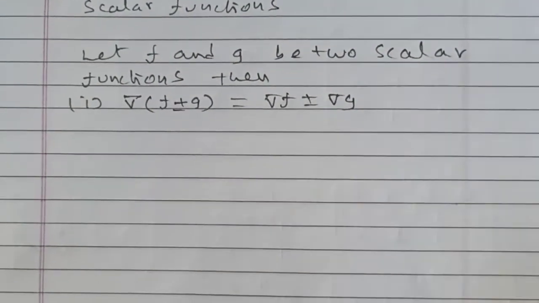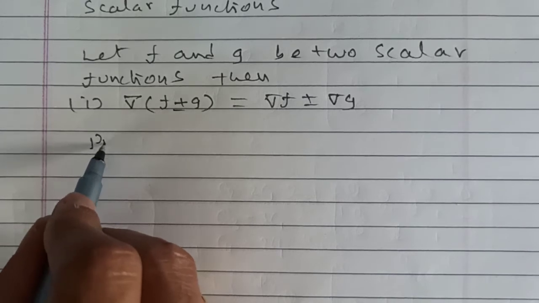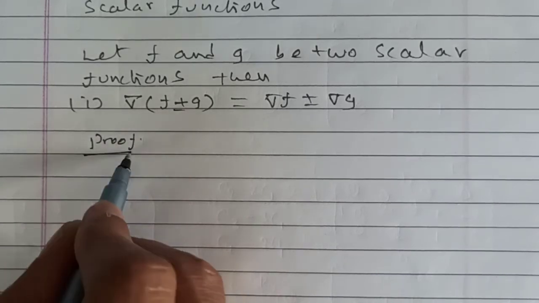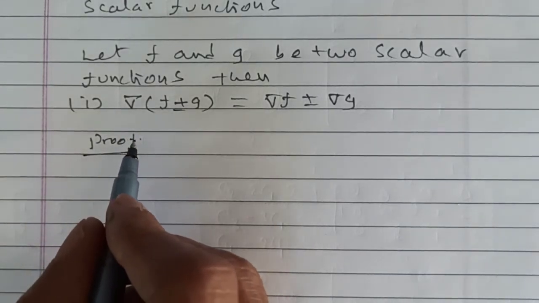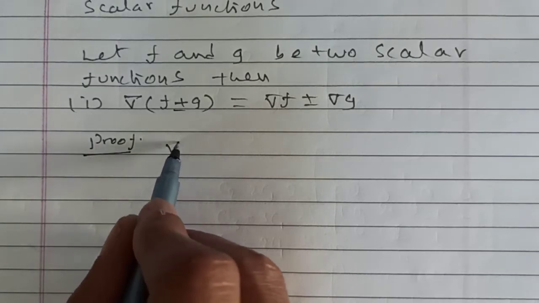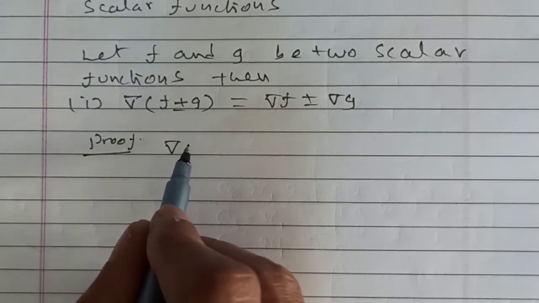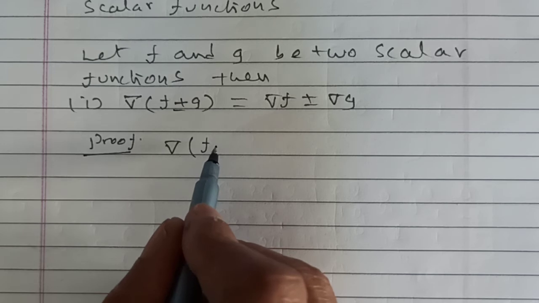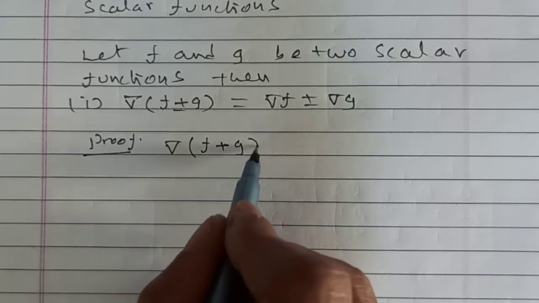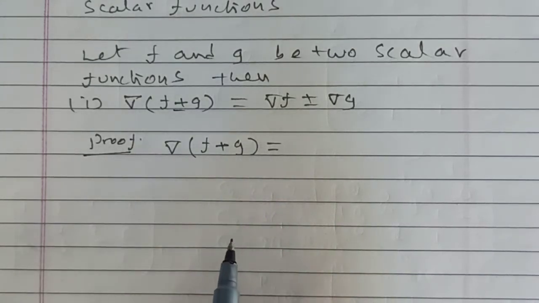This is the sum rule. Even sometimes they are asking in examination for 2 marks that we should prove del of f plus g is equal to del f plus del g. We will prove it next.